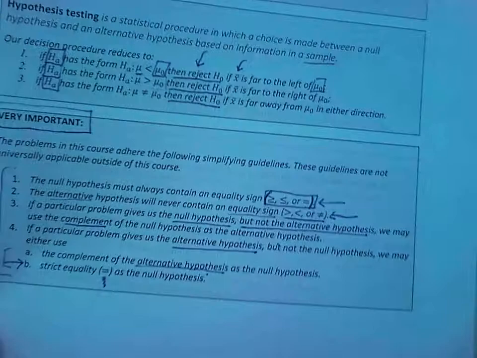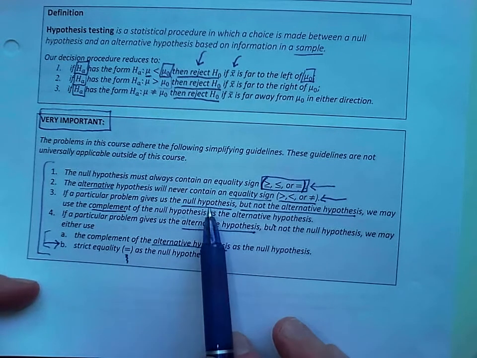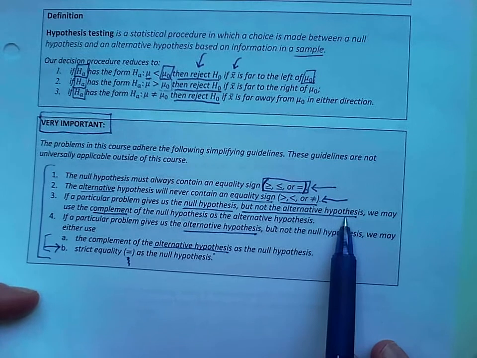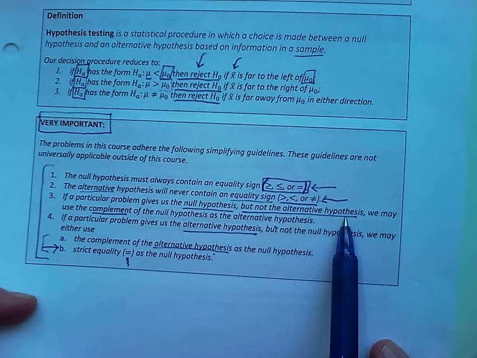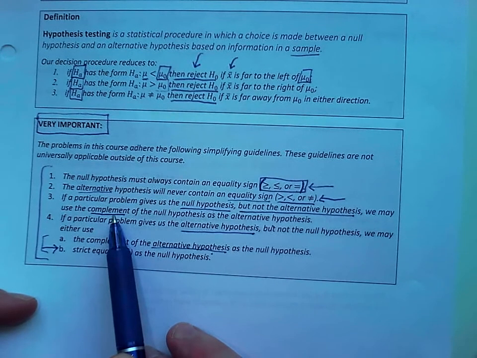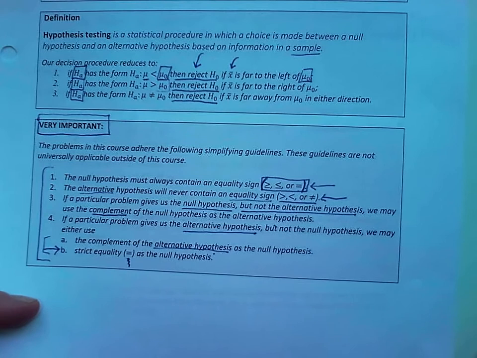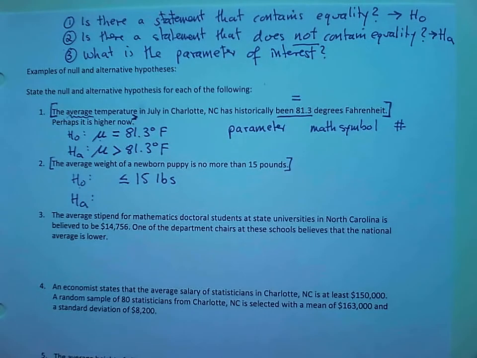So what do we do? If a particular problem gives us a null hypothesis, but not the alternative hypothesis, that's the situation that we currently find ourselves in, we may use the complement of the null hypothesis as the alternative hypothesis. So we want to use the complement of the null as the alternative. So what's the complement?